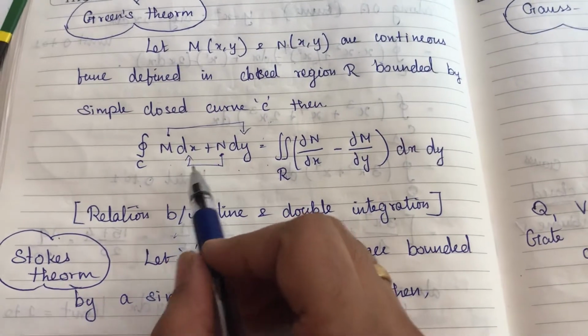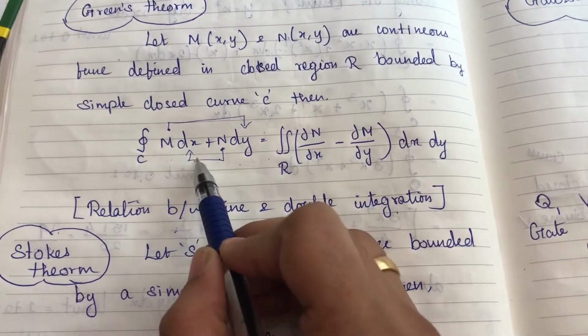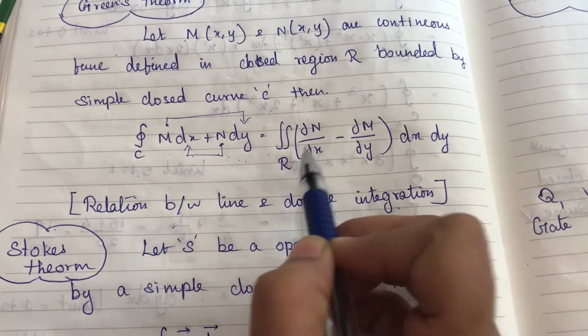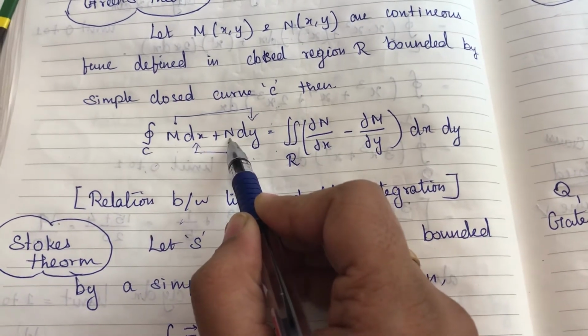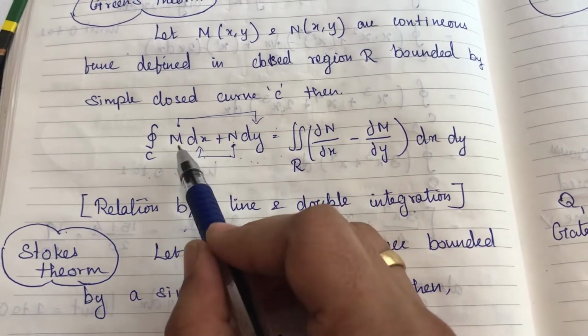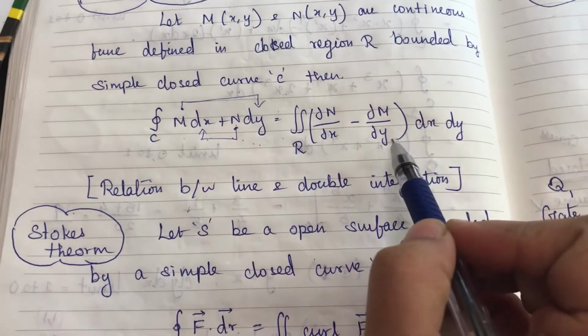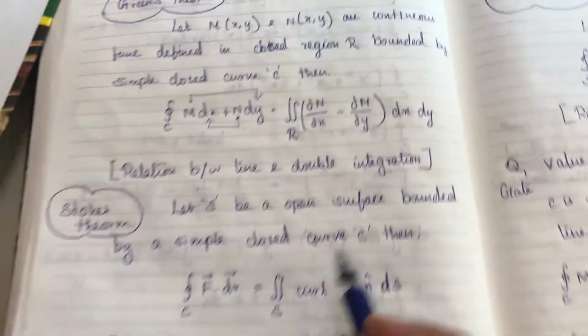Just remember these things, it's a trick actually. M dx plus N dy equals dou N by dou x minus dou M by dou y, into dx dy.